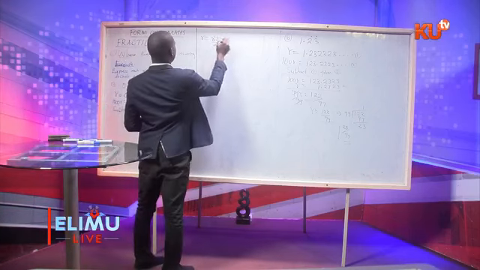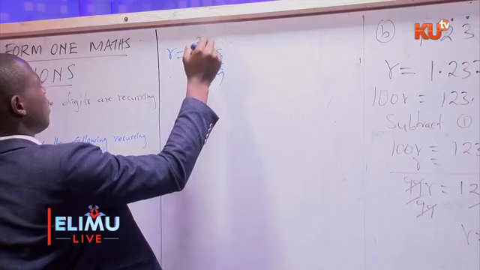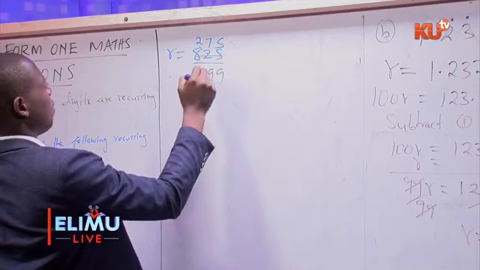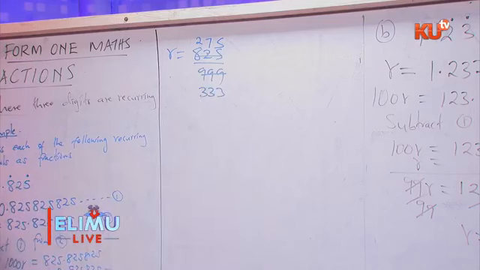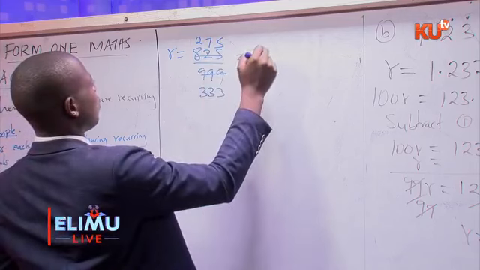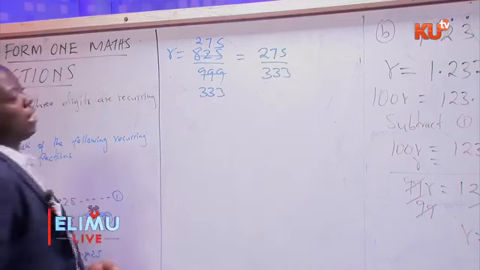If you divide by 3, you have 275, and 999 divided by 3 is 333. That is 9 plus 9 plus 9, so 2 plus 7 plus 5 is 14, so it cannot be simplified any further. So write 275 over 333 as our fraction.